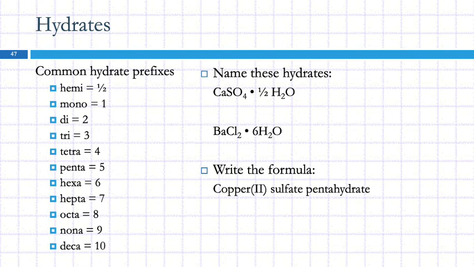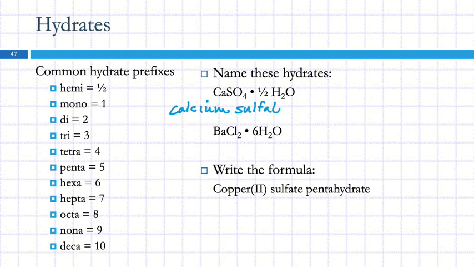So let's practice naming these hydrates. So we're going to name the ionic part first. So what's the name of this element? Calcium. And does that metal need a Roman numeral? No, because it's in group 2A. And then what's the name of everything that's left? Sulfate.